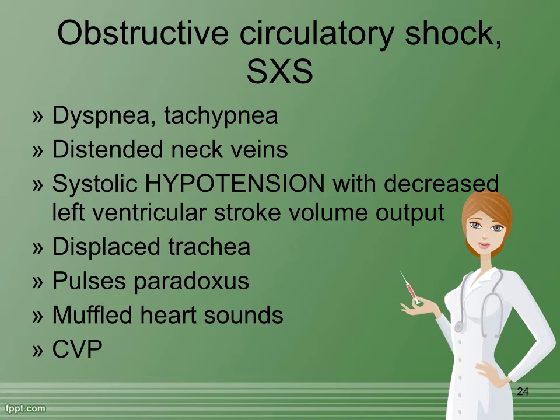With inspiration, the lungs inflate and they draw blood right into the heart, pushing the intraventricular septum to the left and thereby causing increasing compression to the already compressed left chamber and the cardiac output falling further. So with each inspiration, the systolic pressure falls at least 10 millimeters of mercury, and with each expiration, it rises 10 millimeters of mercury. So this is what happens in pulsus paradoxus.